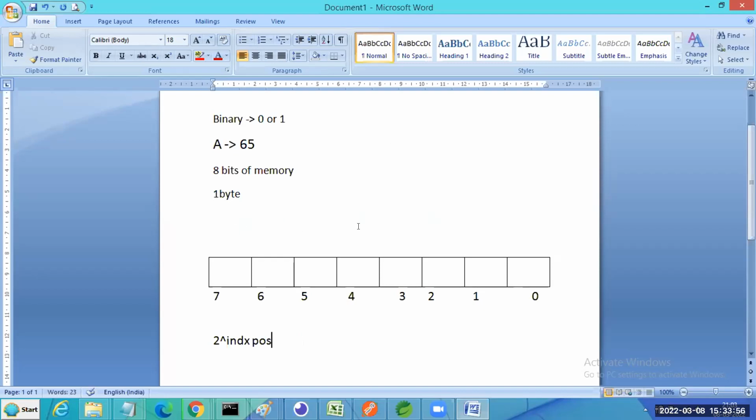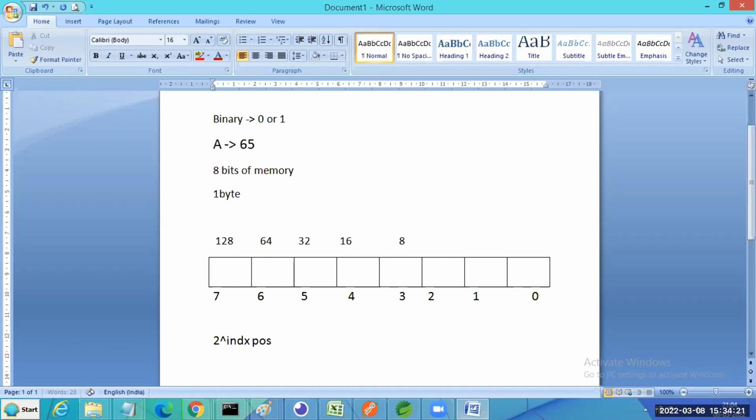This logic, I guess you already know. Let's start from here. 2 raised to 7 is how much? 128. 2 raised to 6? 64. 2 raised to 5? 32. 2 raised to 4? 16.